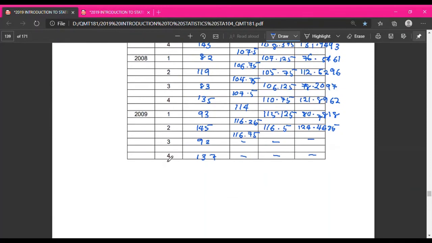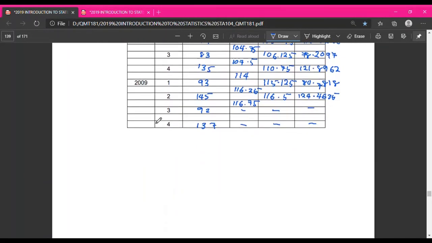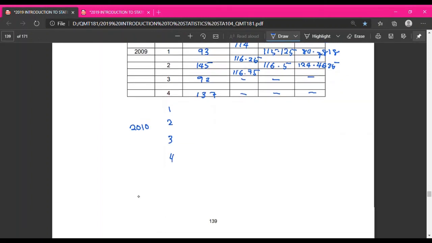Kena forecast the trend for the first dan second quarter for 2011. Okay, sebab kita tak ada value. Okay, so sekarang data kita hanya ada sehingga 2009 saja, tapi kita nak fokus sehingga 2011. So berapa banyak dia punya increment? 1, 2, 3, 4. Okay, kita nak 2011. 1, 2.